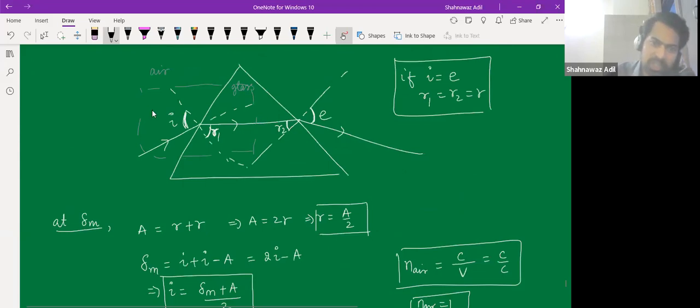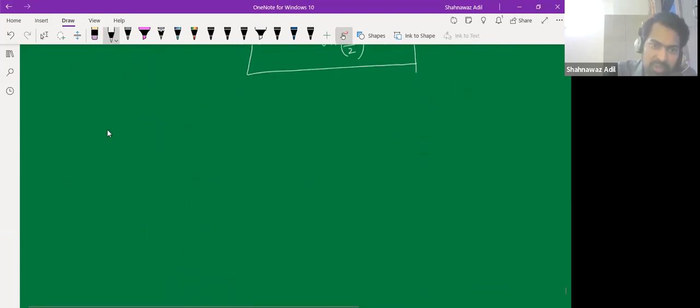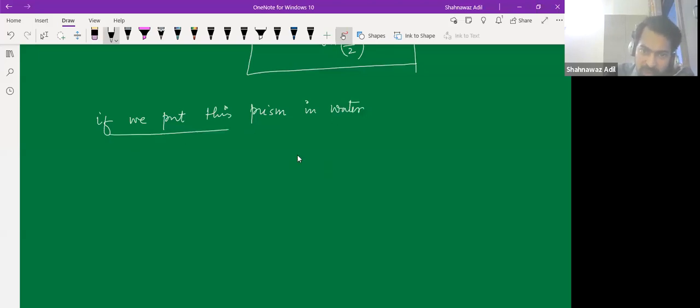So if we put this prism in, let's say, water or some medium, let us take an example of water. Then what would be the case?